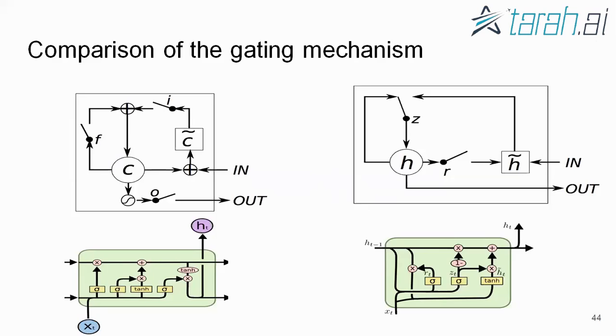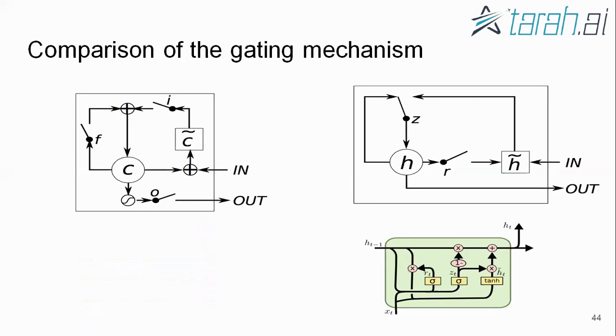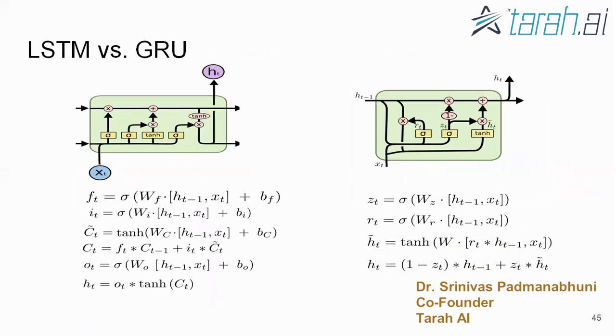But let me tell you, in all our experiments with both LSTMs and GRUs, we have not seen a significant difference in terms of the accuracy levels. So by default, we tend to use LSTMs as the choice of function.